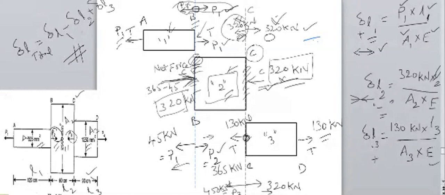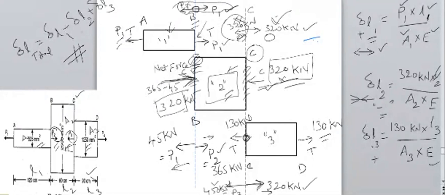If you see the problem here at C, another force P3 is also applied. Therefore, 320 is the remaining force in this direction, and P3 is moving in this direction, that is towards the left hand side. The P3 value is 450.